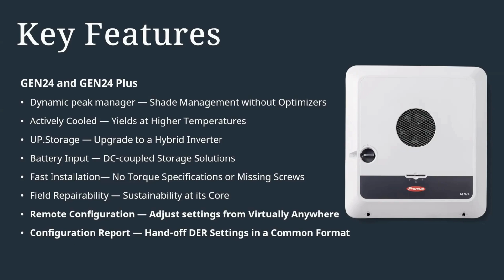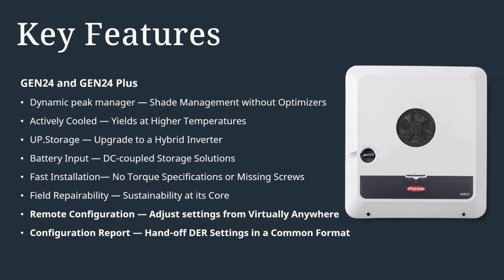This is no longer the case with Fronius. The first phase we are in right now is that you can download the DER settings directly from the inverter in a format which is recognized by utilities, and then they can grant you the permission to operate without you needing to manage screenshots or do anything like this.